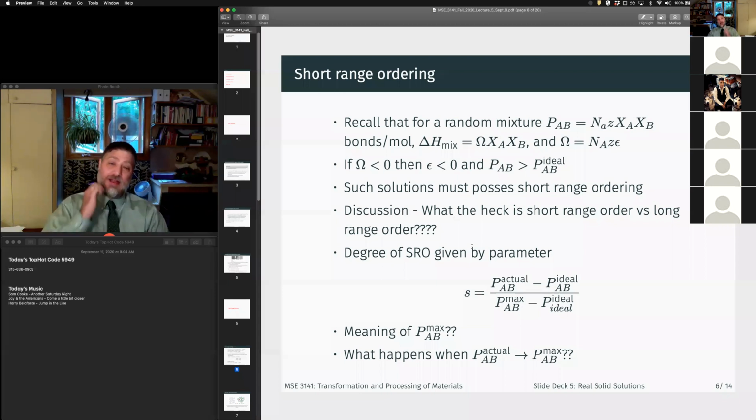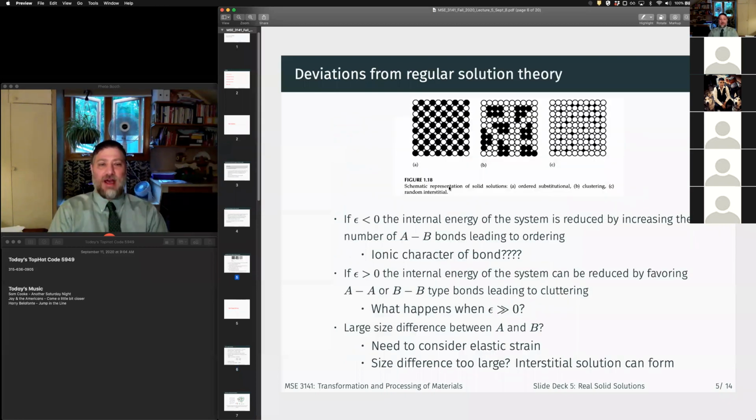Okay, so we were talking about real solutions and deviation from ideal and regular, and we talked a little bit about short range order, that if there's a preference for dissimilar type bonding, we have a more ionic character and we'll tend towards ordering in the solution.